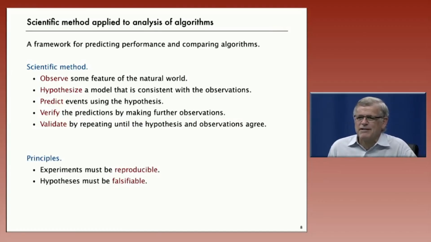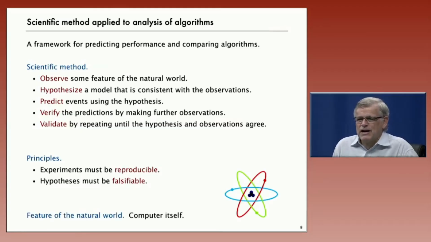Within the scientific method, there are some basic principles. The first is that if you're going to run experiments, you should expect that somebody else should be able to run experiments and get the same result. Also, the hypotheses have to have a specific property that the experiment can show the hypothesis to be wrong. So it has to be carefully crafted, and we'll be sure to try to do that.